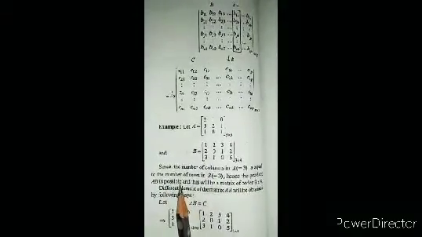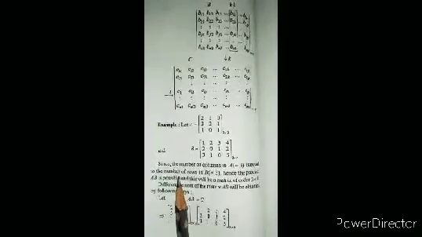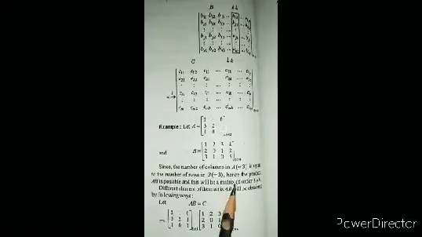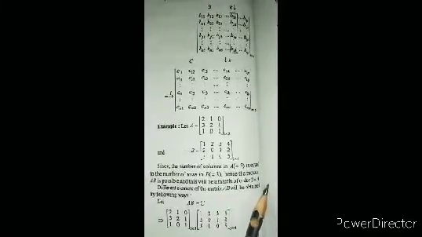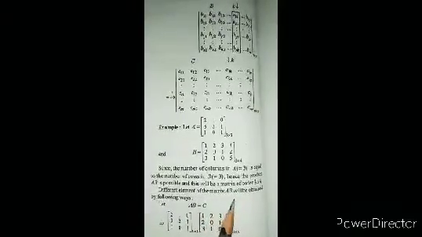That is why the product is possible. Now this will be a matrix of order 3 by 4. Different elements of matrix AB will be obtained in the following way. We will find AB is equal to C.